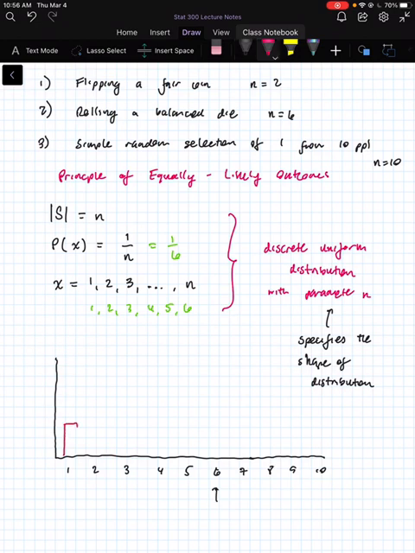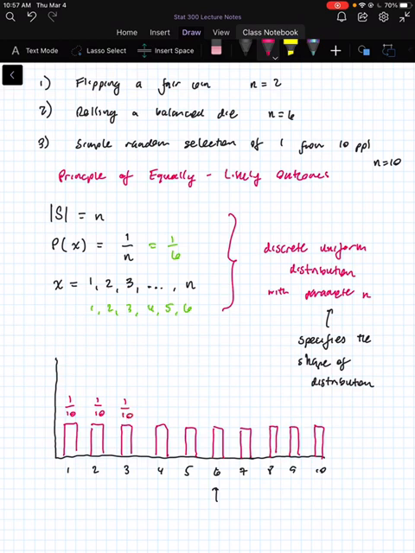And each one has the same likelihood of happening. So when we're representing the probability distribution graph, we get these vertical bars that all have the same height. So each one is 1 over 10, which we can write as a decimal number, that's fine.